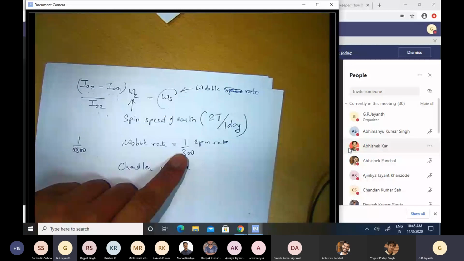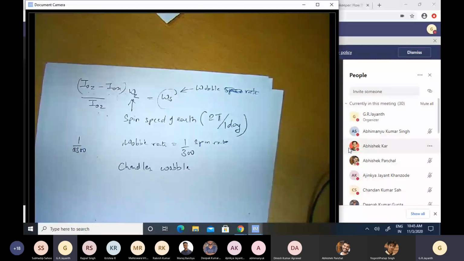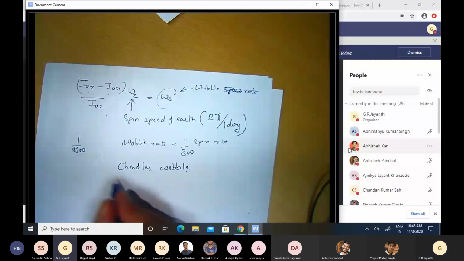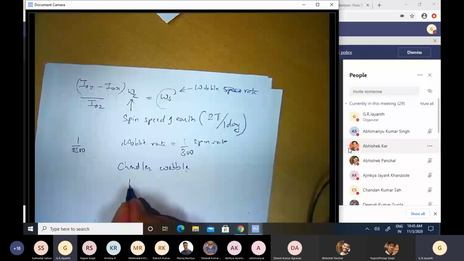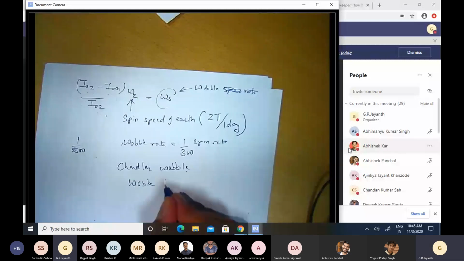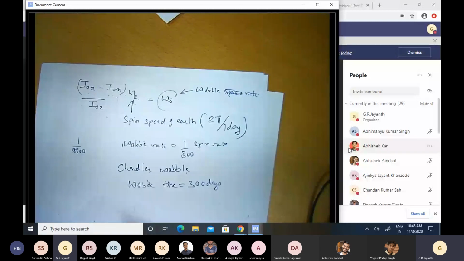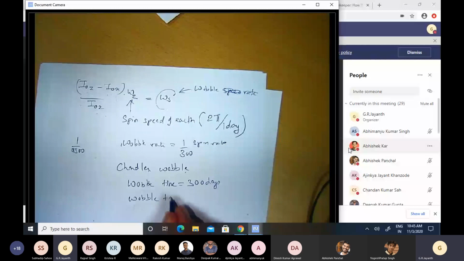The wobble time period is 300 days according to this calculation. Well, it turns out that the actual wobble period, when you measure it experimentally, is not really 300 days. It is actually 424 days, a little bit more.